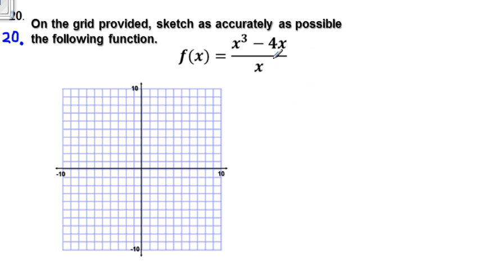Then on the grid provided, sketch as accurately as possible the following function. Well, if you graphed it, you could remove it. You would get a parabola that comes down to about here and starts at -4, and then on the left will go up. And I saw a lot of sketch drawings, but I saw very few reasonably accurately made drawings in this.